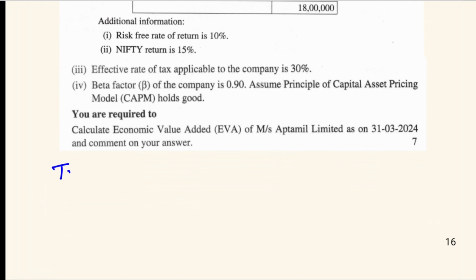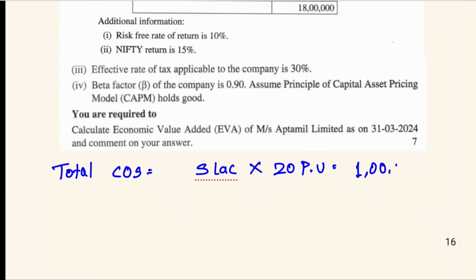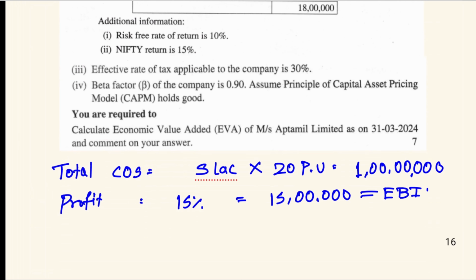So total COS is 5 lakh units into 20 per unit. This is a value of 1 crore. And what is my margin? It is 15%. So profit is equal to 15% of COS is equal to 15 lakh. This is also net operating profit, which is my EBIT.